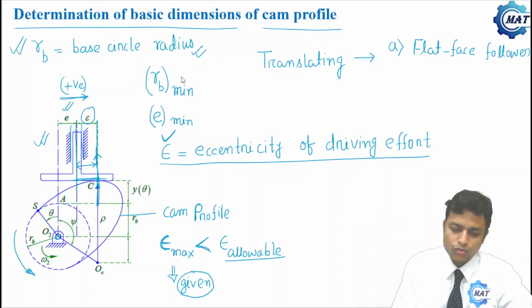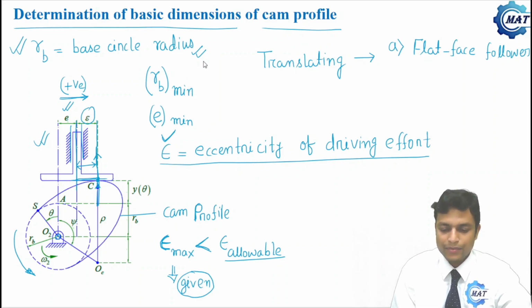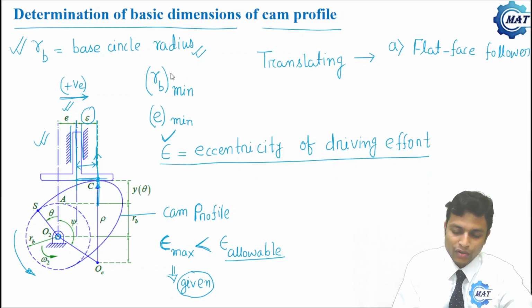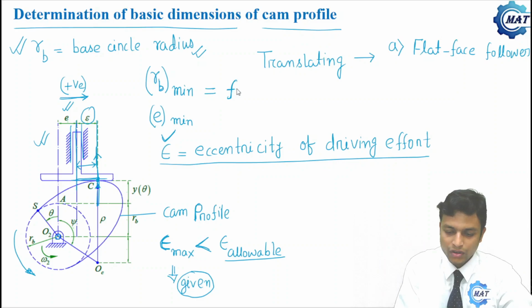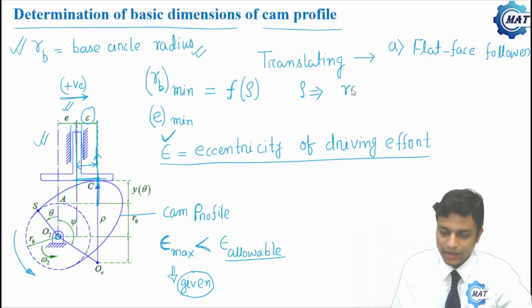Now let us come to the value of minimum base circle radius for the cam profile. The value of minimum base circle radius is a function of rho, where rho is the radius of curvature of the cam profile.